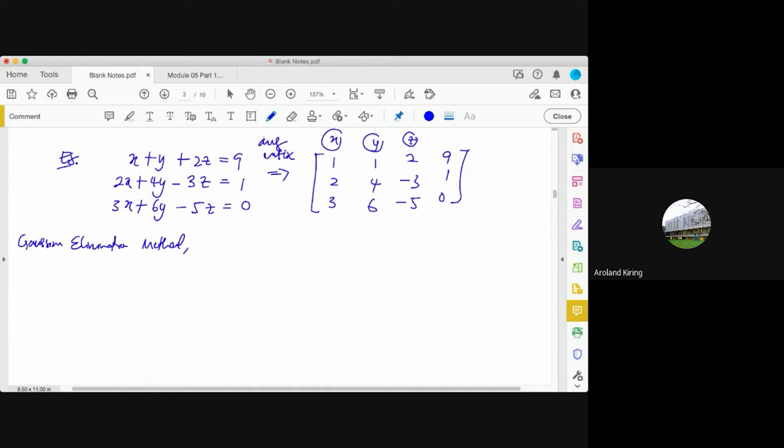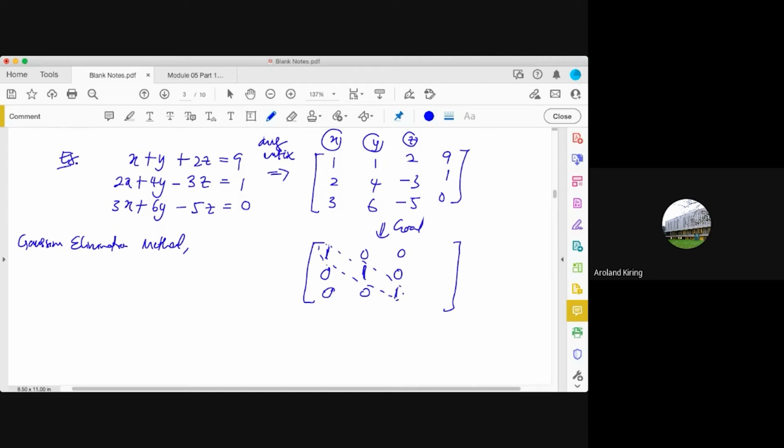So what is our goal for this matrix? Our goal is to transform it to become 1, 0, 0, 0, 1, 0, 0, 0, 1. You can see that the coefficients from our augmented matrix are transformed into an identity matrix, with ones on the diagonal line of our matrix: 1, 1, 1.